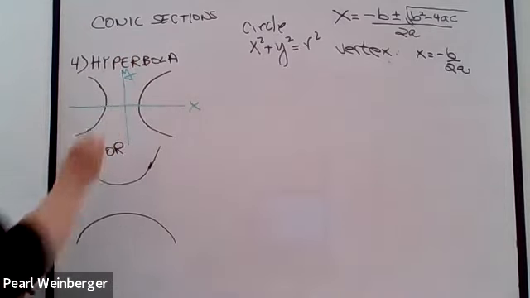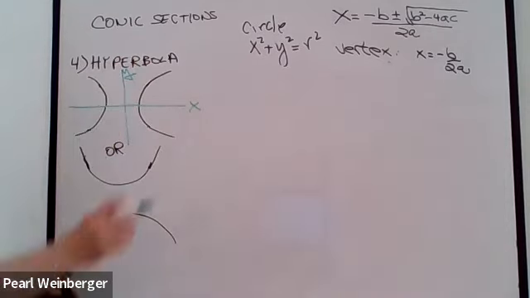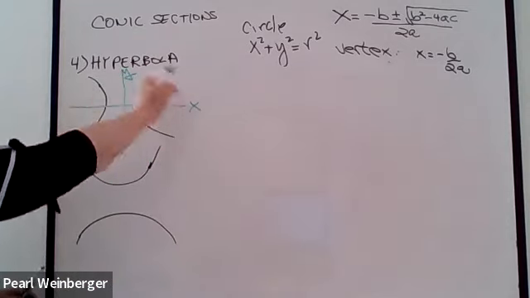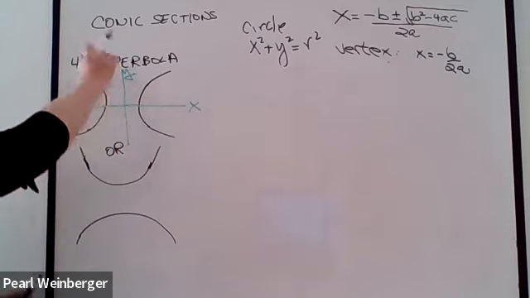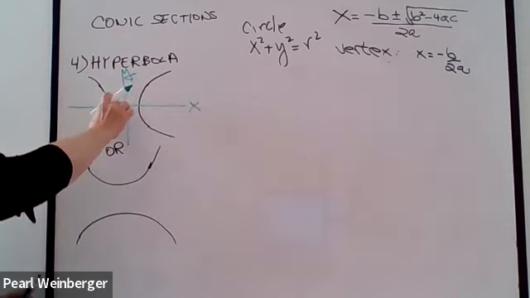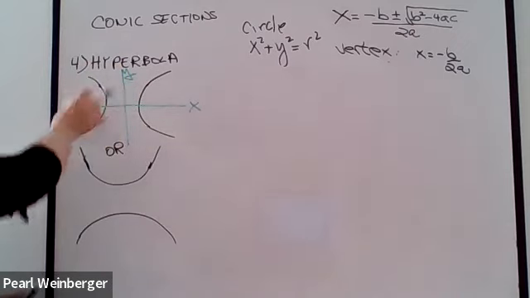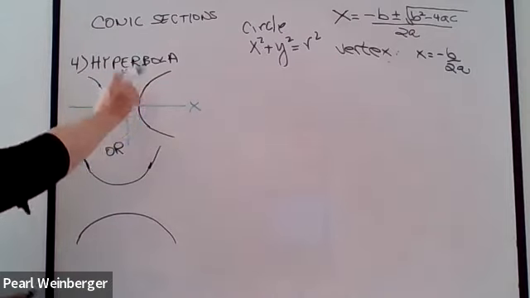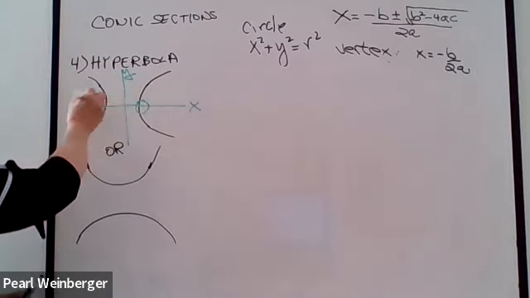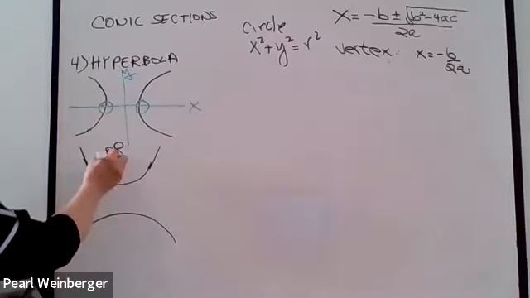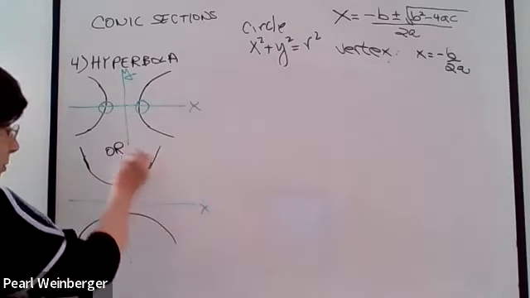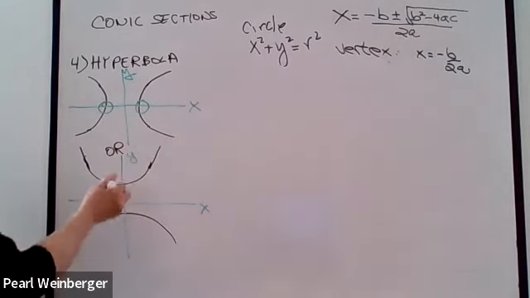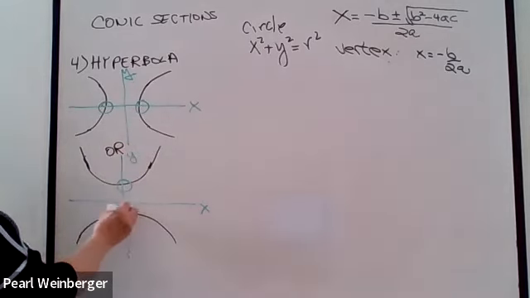I'm doing this in green just so that you can see that this is not part of the picture. These are just the axes. Notice the vertical ones cross the x-axis, and the horizontal ones don't cross the x-axis, they cross the y-axis.